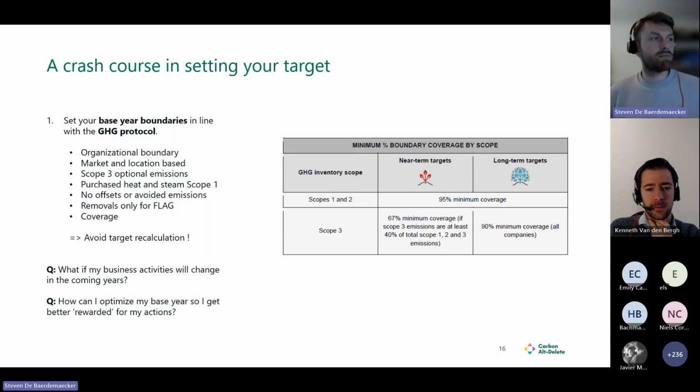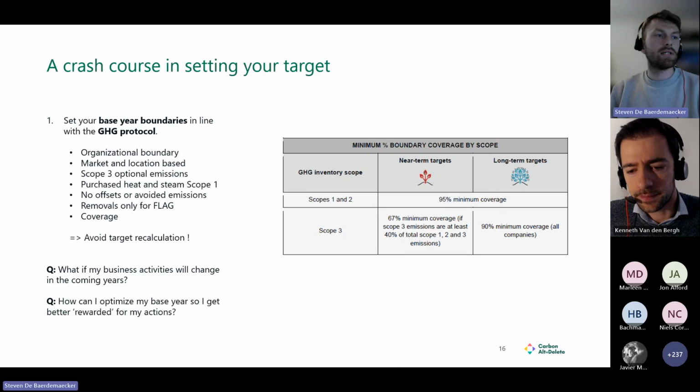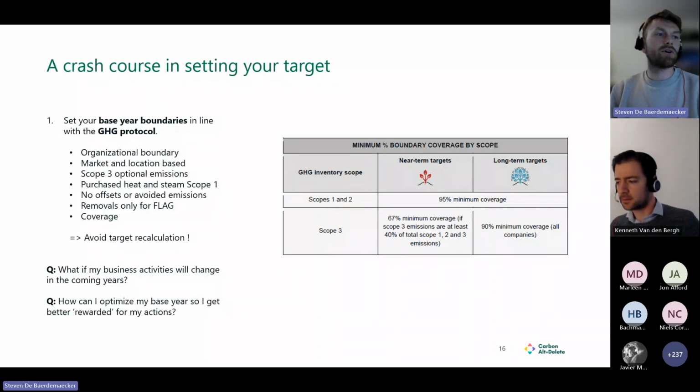Yes, so it means that if your total emissions for scope 1 and 2 are 1,000, you calculate your target based on 950, and that 50 stays constant, so it doesn't need to be reduced. I don't know whether that example was clear, but that's how you should understand the coverage.